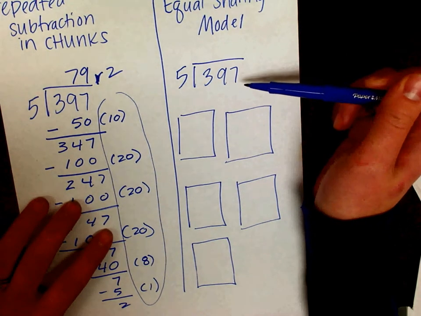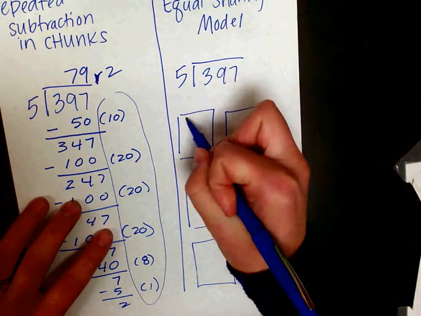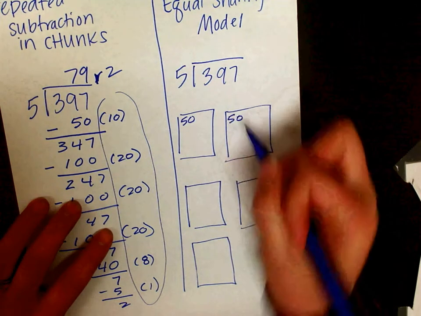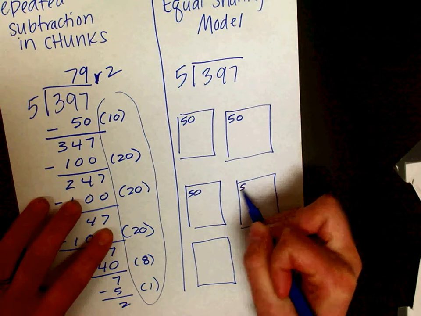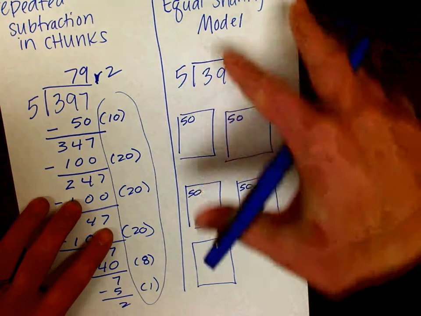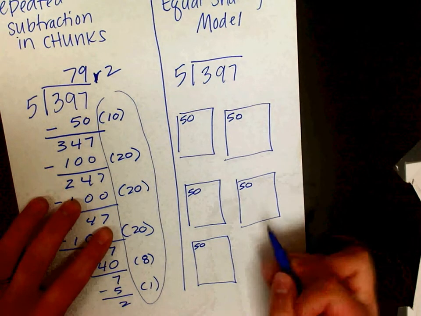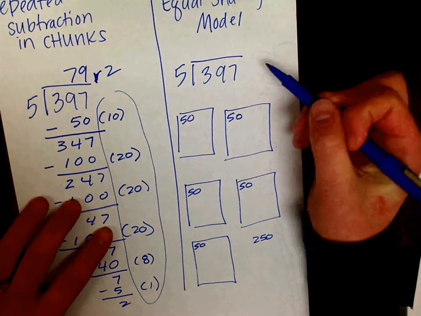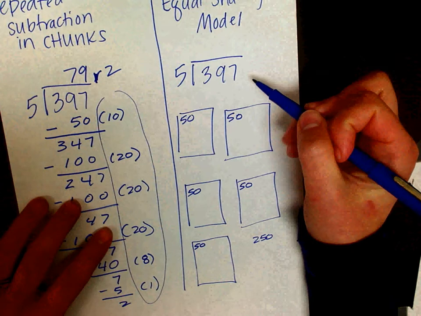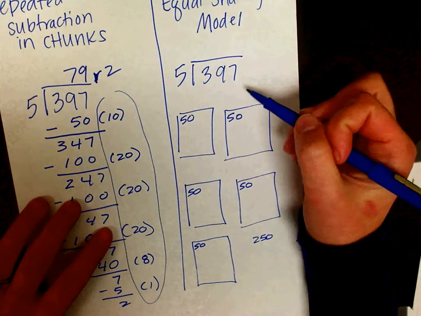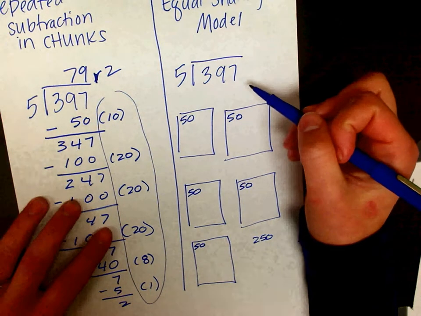So I know that I can start out by putting 50 in each box. Now, I want to end up spreading out the whole 397 equally. So right now, I have spread out 250 of my 397 erasers. So I know that I can't do 50 more because that would put me at 500, so I'm going to have to go smaller.